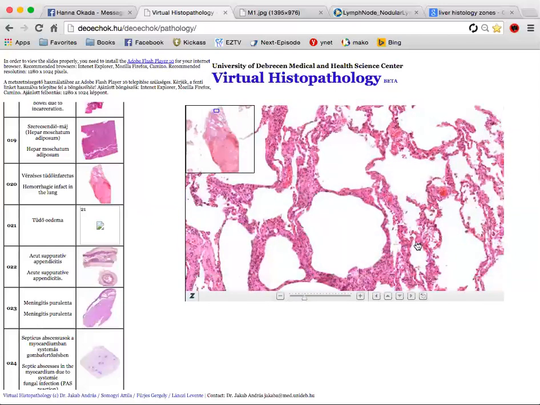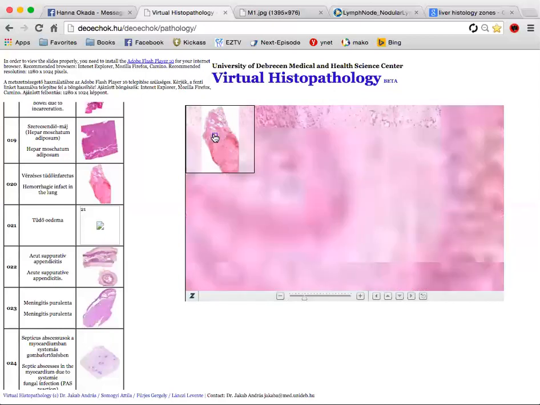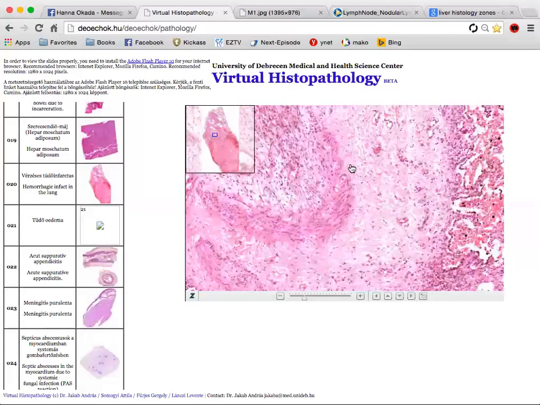This person must have had emphysema, and in emphysema there's destruction of alveolar walls. So maybe this used to be 4 or 5 alveoli, and the walls got destroyed, and now it's just this one huge one.